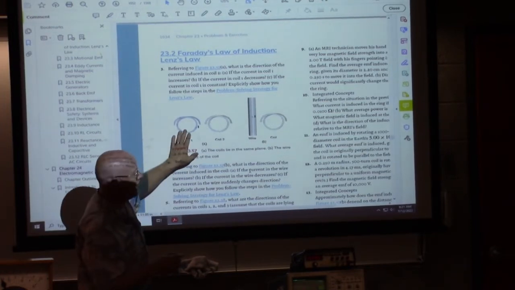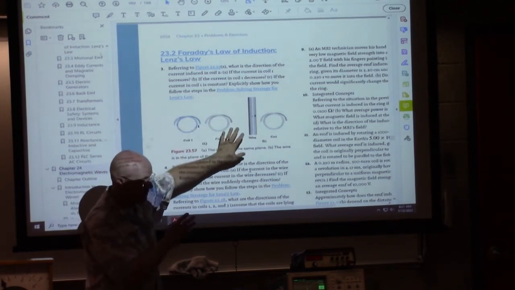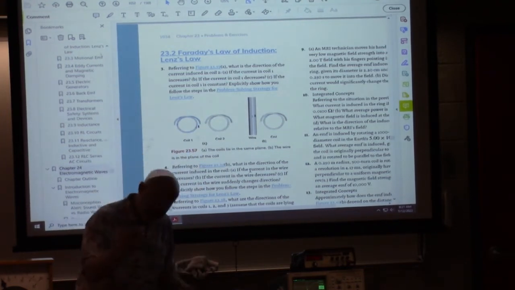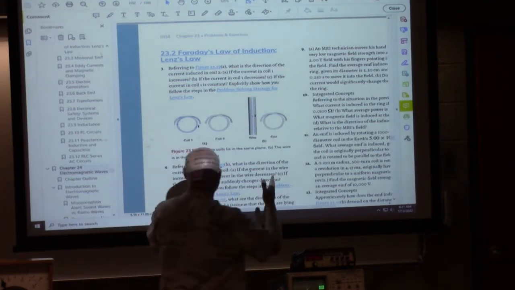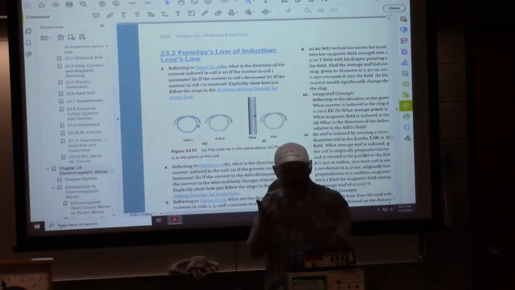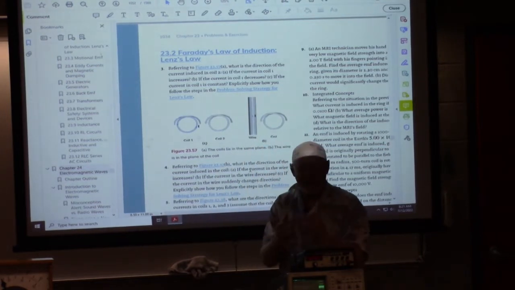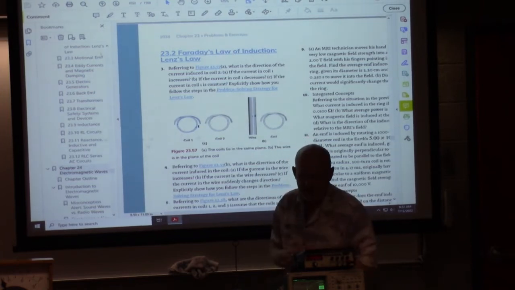So if the primary is decreasing its flux, the secondary is going to make up for that. The secondary then wants to make 2 going in, so that the total is back to the 10 that was in. We always want to get back to where we started. It opposes that change.